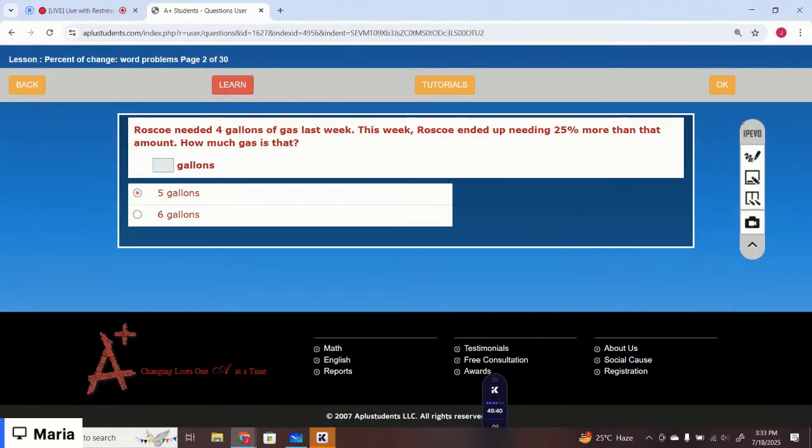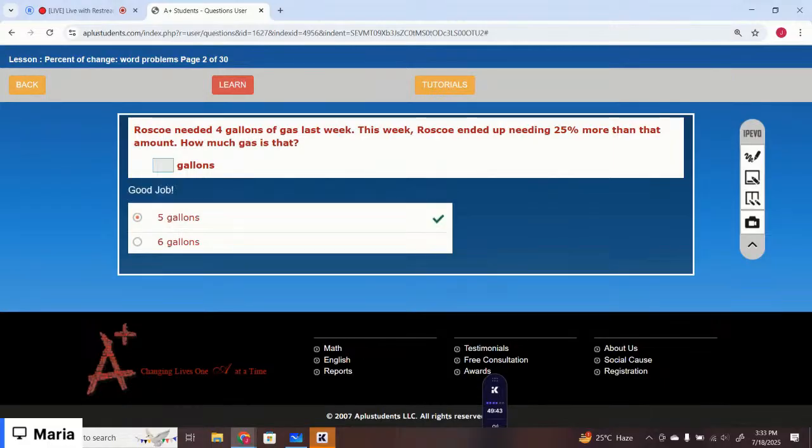The correct option is 5. Option number 1 is the correct option. That would be 5 gallons.